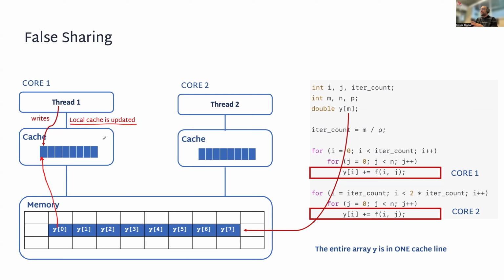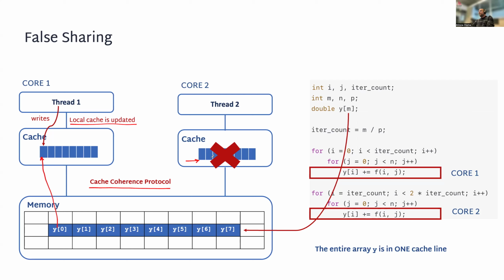So when the local cache in a multi-core system is updated, the cache coherence protocol is activated, right? And because the cache coherence protocol is activated, it sends this information through the bus to all other cores, and it causes the second core to invalidate this data that was in the cache, right?